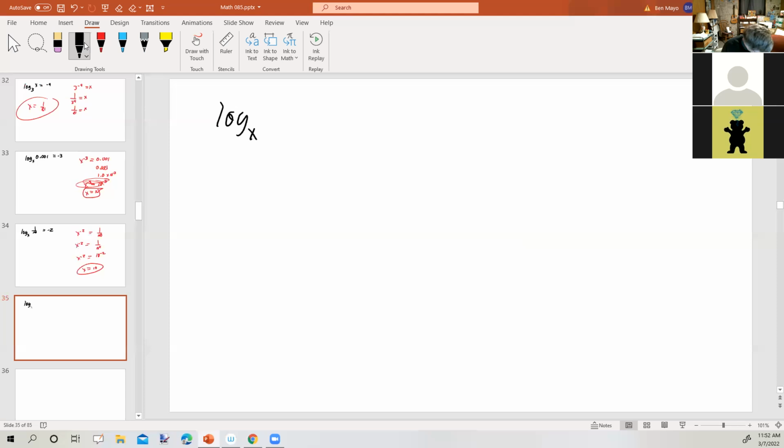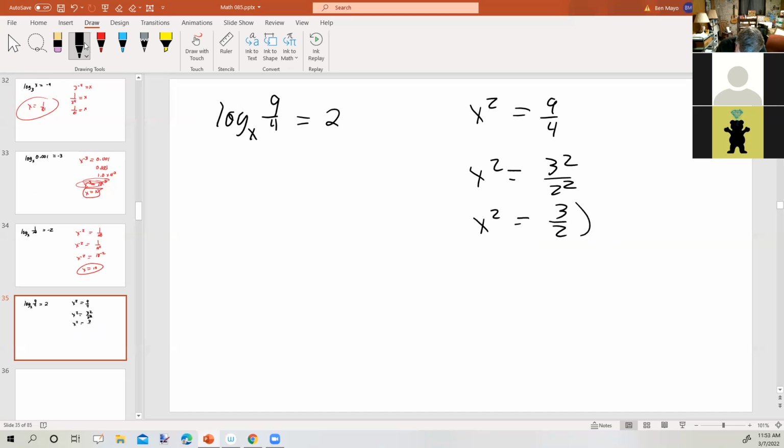Log base x of 9/4 equals 2. X squared equals 9/4. How about x squared equals 3 squared over 2 squared? X squared equals 3 over 2, the quantity squared. Now, we're used to going perhaps that direction and then that direction, but here we want to get it in this form.